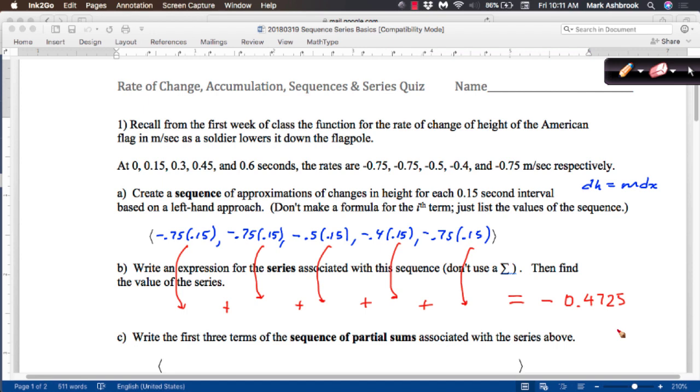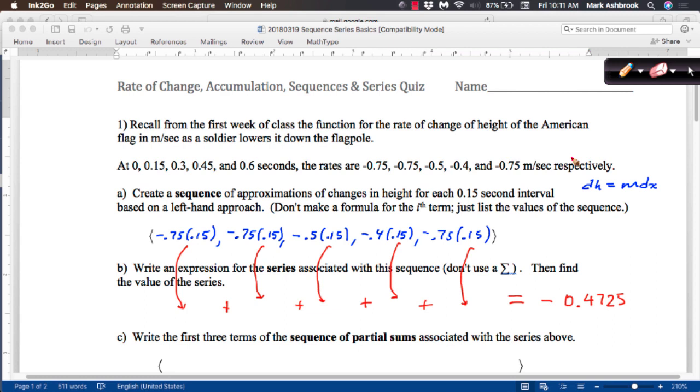So then this rate would be for 0.6 to 0.75. All I'm saying was these are the rates at these times. So it's talking about particular points in time, not intervals. So 0.6 is the left-hand side of the 5th interval, and that's the rate you're going to use. Yeah. Okay.